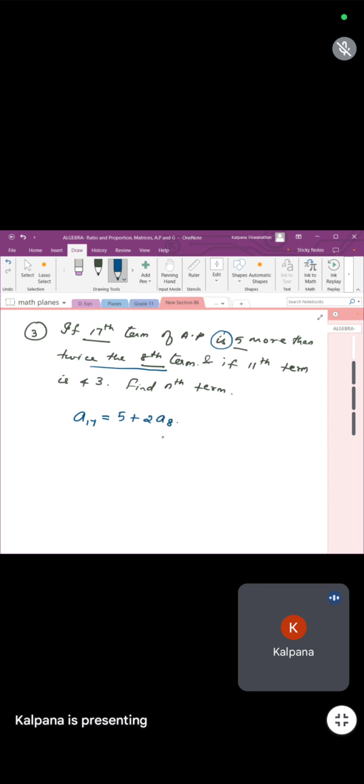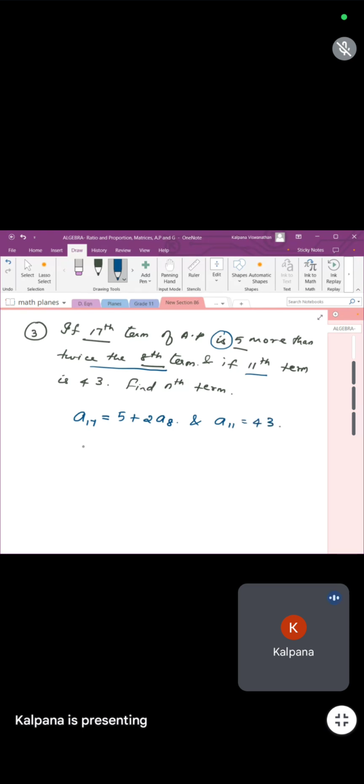Did you all write this correctly? Children, for this type of statement, you have to read each statement and frame the equation. And they have also given the 11th term is 43. So A11 equals 43.